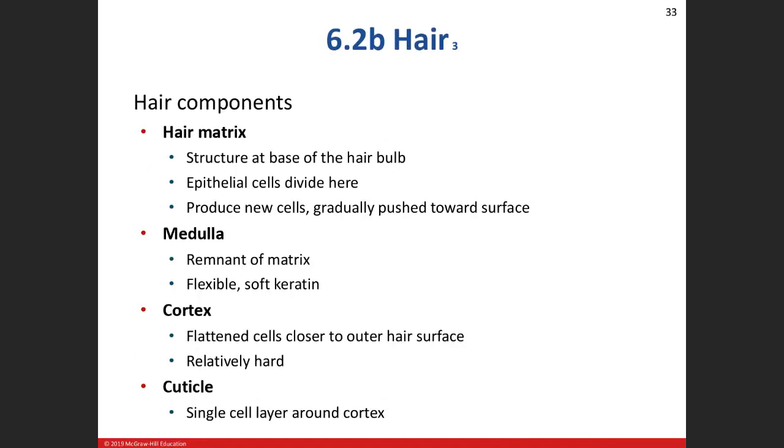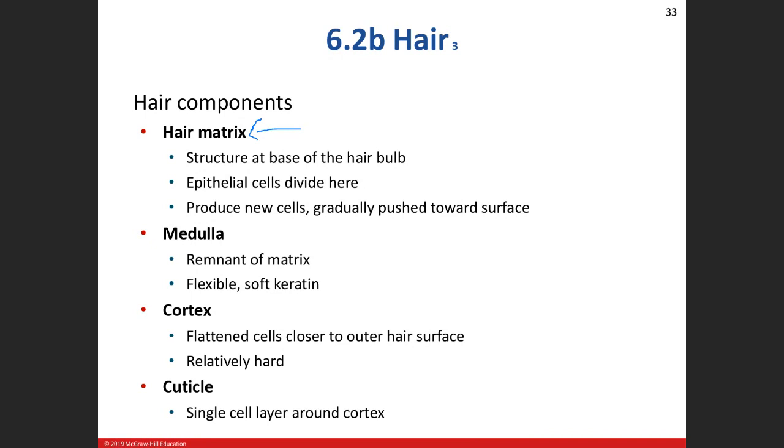All right. So let's break it down into some of the components here. In the bulb, the actively dividing region, where those keratinocytes are dividing, is known as the hair matrix. Same thing that we saw in the nail.